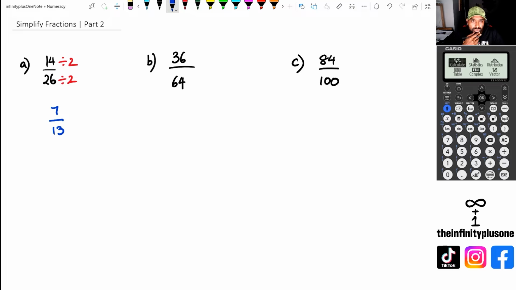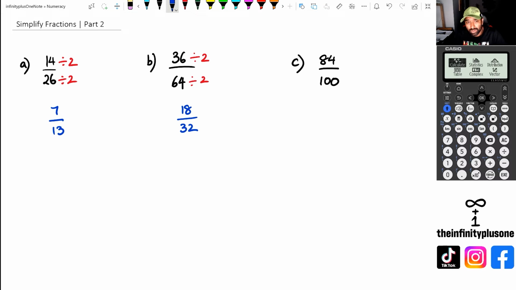Now let's go to question B here. So we've got 36 and 64. And again, 36 comes in the 6 times table, but 64 doesn't. So we have to break this down slowly one step at a time. The first step, noticing these numbers, they're both even numbers. So I'm going to divide by 2. When I do this, 36 divided by 2 is 18. 64 divided by 2 is 32.